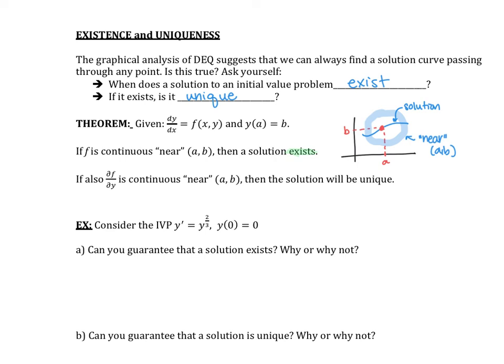Okay? It's only near (a, b), and we don't really know how far around it exists or is unique. So it's not a guarantee that it works everywhere. It is just looking at that particular point at that particular moment, (a, b). But we can determine existence and uniqueness.